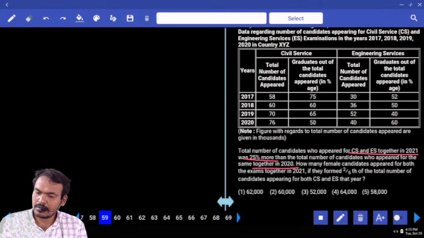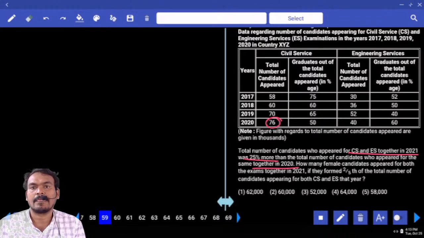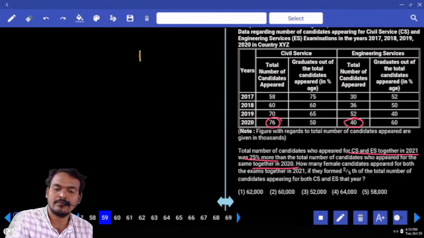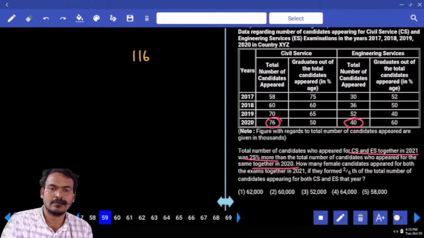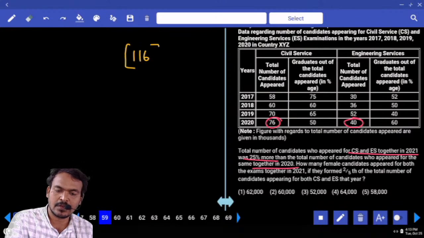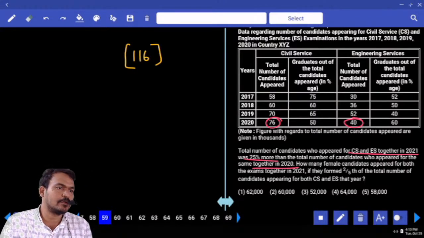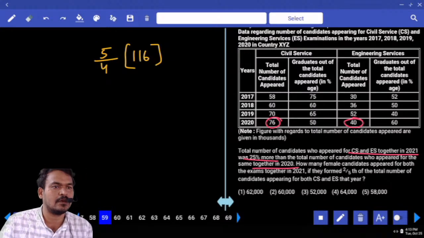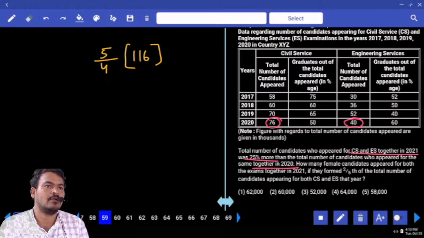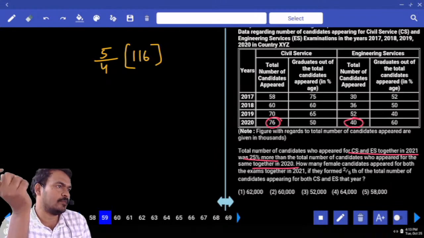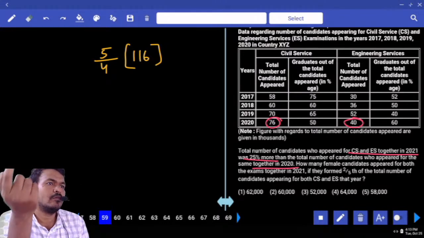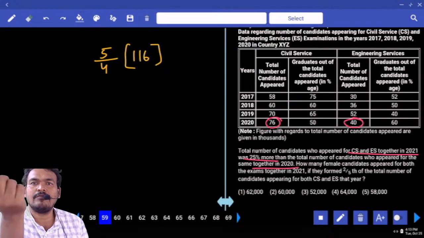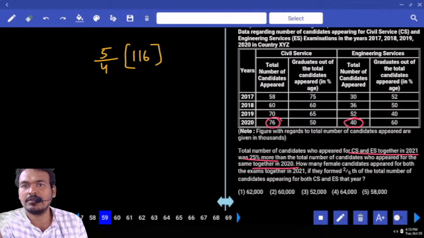The 2020 CS value is 76 and the ES value is 40; adding both gives 116. 25% more means 5/4 of 116.